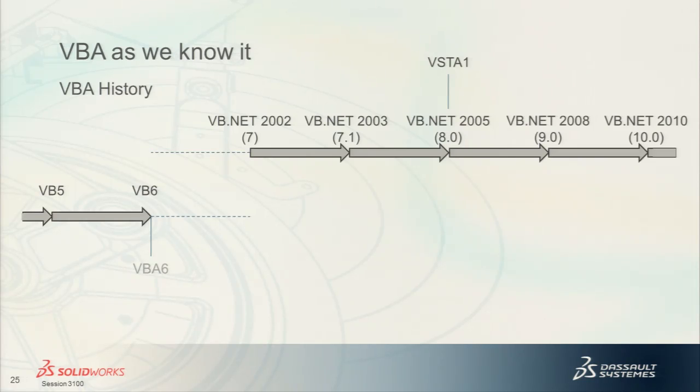At some point, we introduced VSTA, which is Visual Studio Tools for Applications, the other macro programming language in SolidWorks, but then for VB.NET and C#. That's a spin-off that came into existence in 2005, and now we're moving towards Visual Basic 2008, and currently we're here, 2010. We're not going to talk about that today, but this is just to put things in perspective.